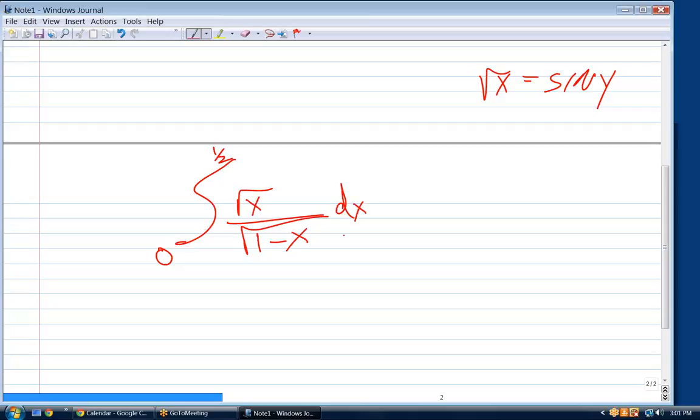That problem right there? Yep. Basically, I need to find the resulting integral from that. Right.